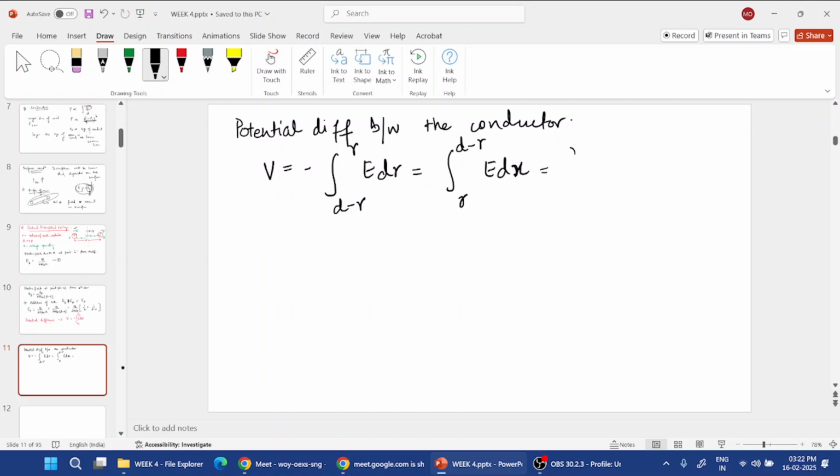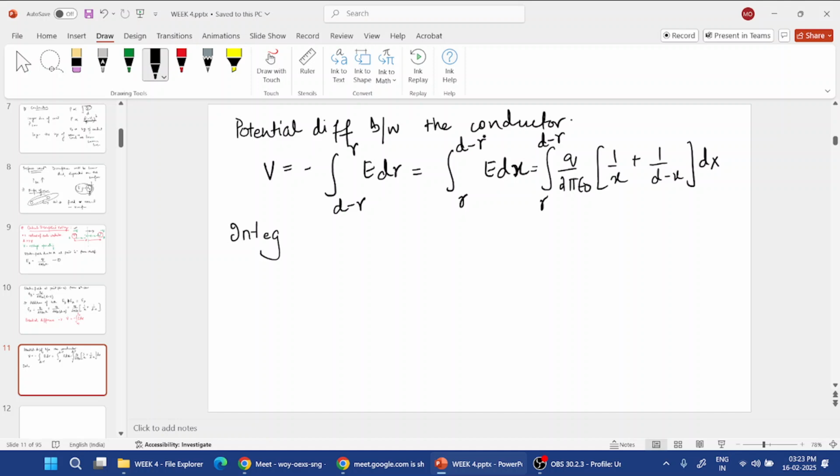So what is E? E is Q/(2πε₀) (1/x + 1/(d−x)) dx.